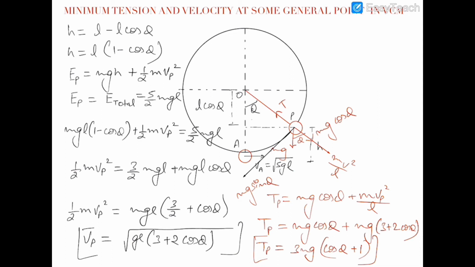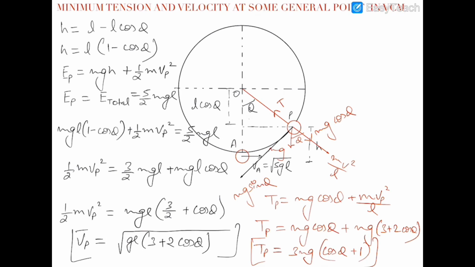Now we know that the tension force in the rope is always pulling in nature. Let's suppose we are talking about a position in which this angle, let us suppose it as alpha, is greater than 90.